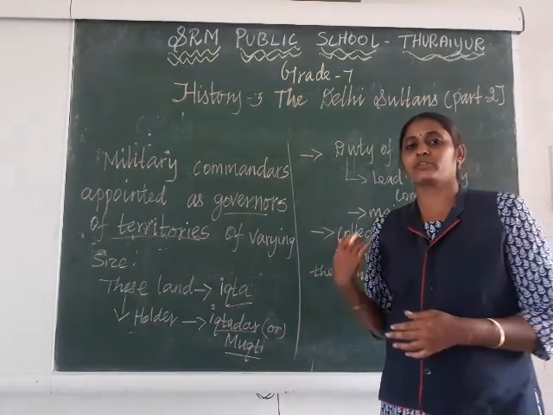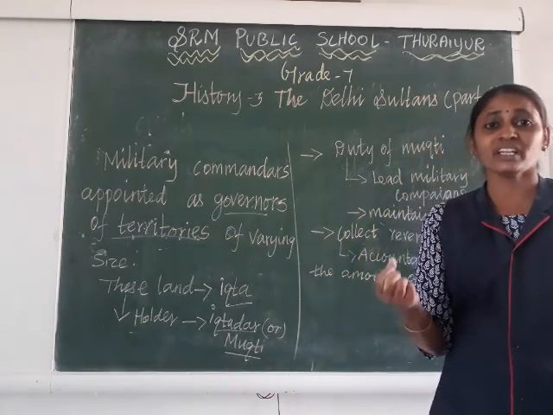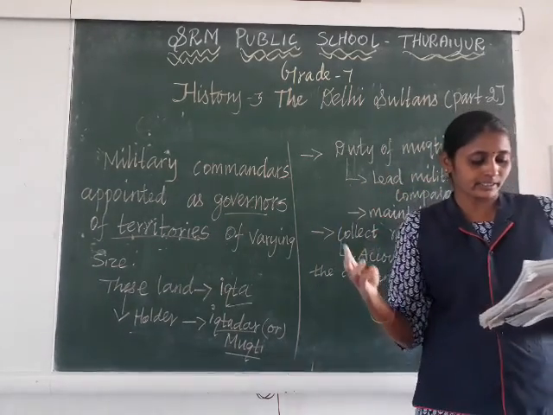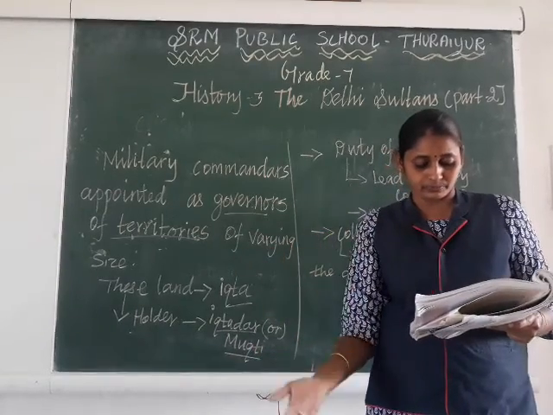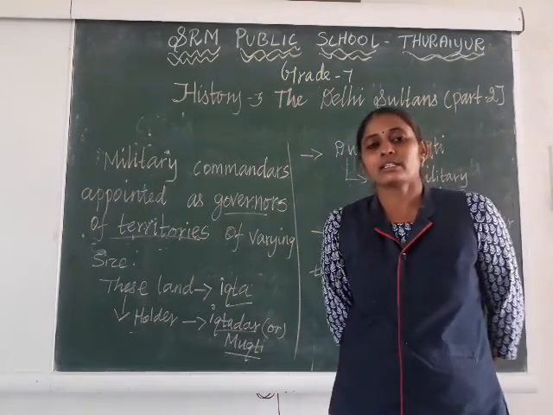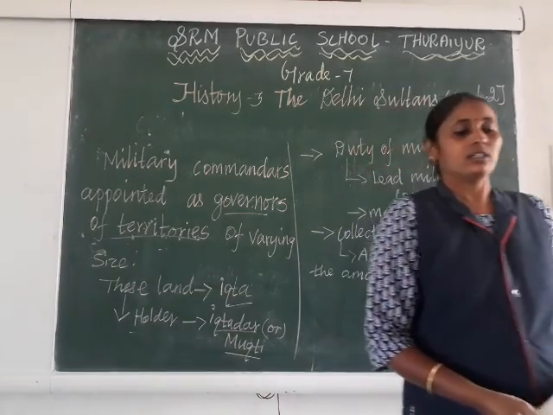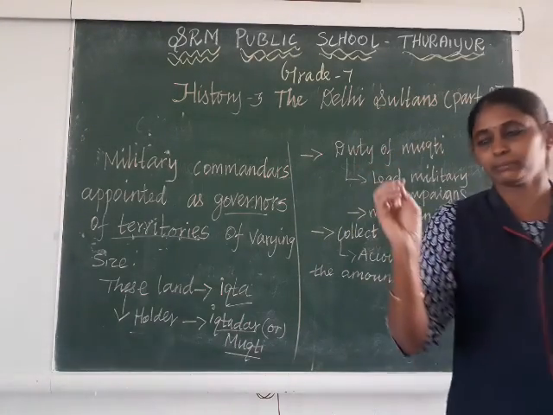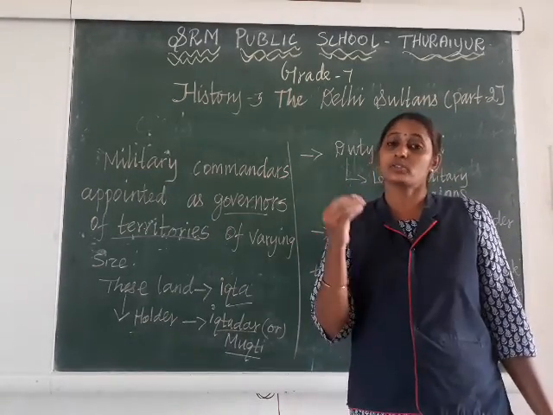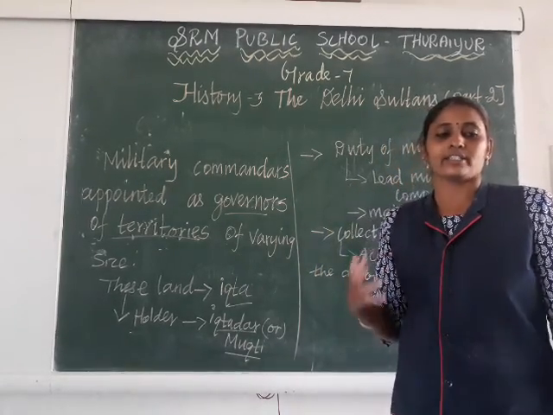So how many types of tax did they collect? They collected three types of taxes. One is the cattle tax, another is the tax on peasants, and the third is the tax on houses. From peasants, meaning farmers, they collected 50% of their yield as tax.